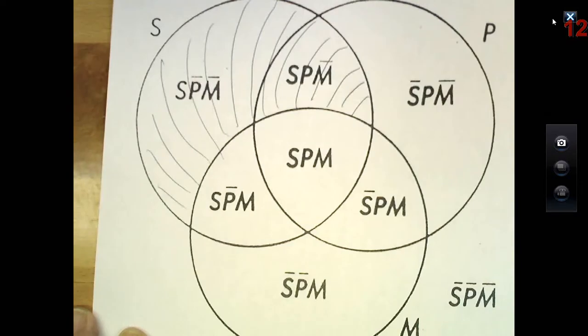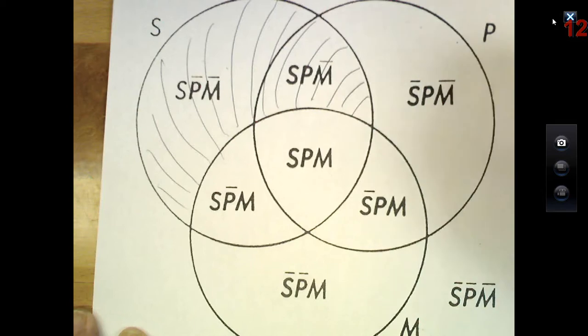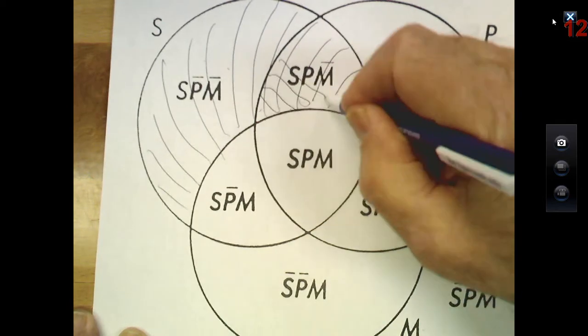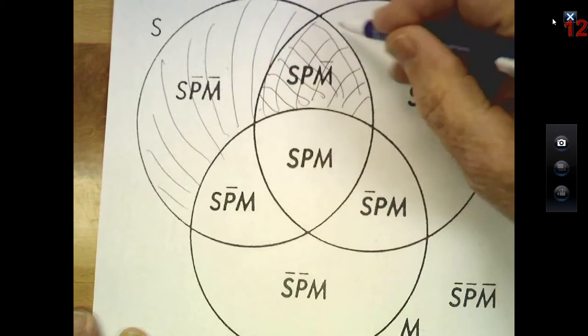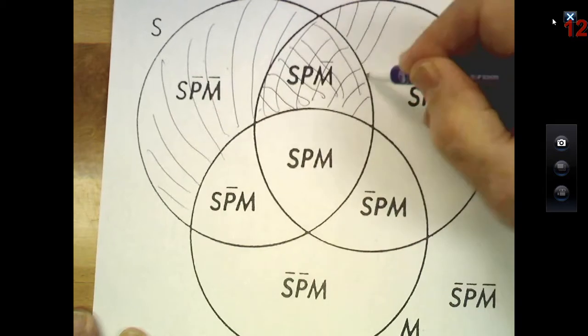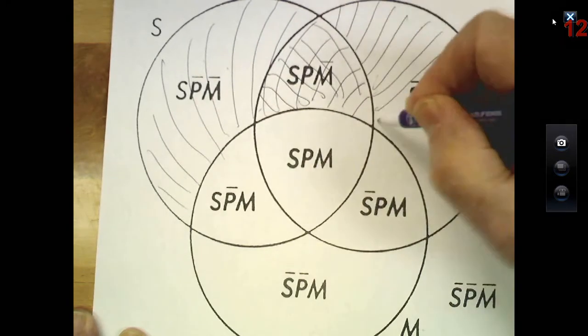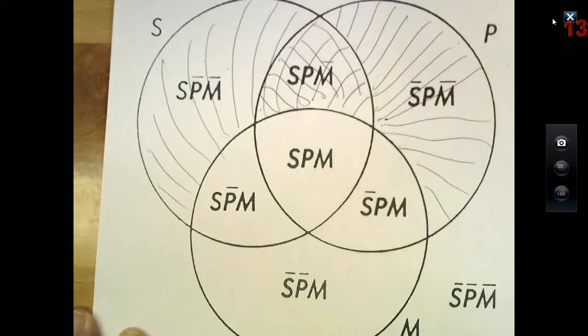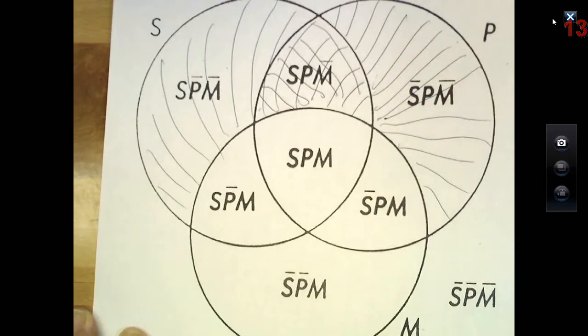Okay, predicate term: all women are benevolent. So here's women and here's benevolent, so I shade in everything that's women and not benevolent. What does the conclusion say? All women are men.